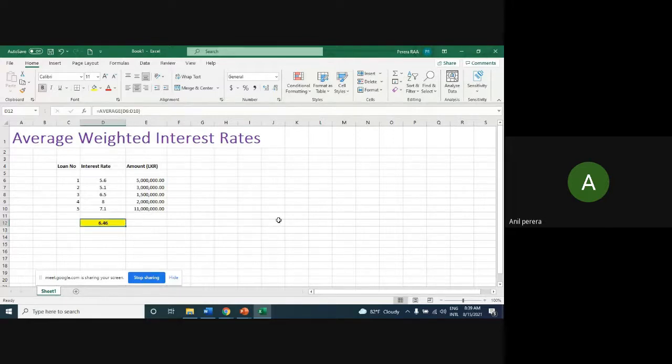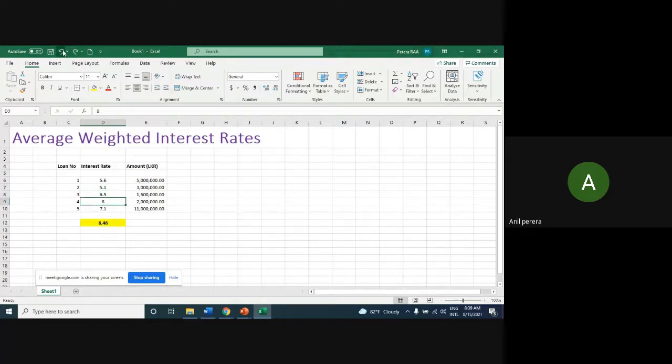This is the simple average rate. Clear? Whenever you change an interest rate, it will change. If you put a higher value, 10%, this rate will go up. If you put 3%, this rate will go down. So simply, it will be the average of these rates.